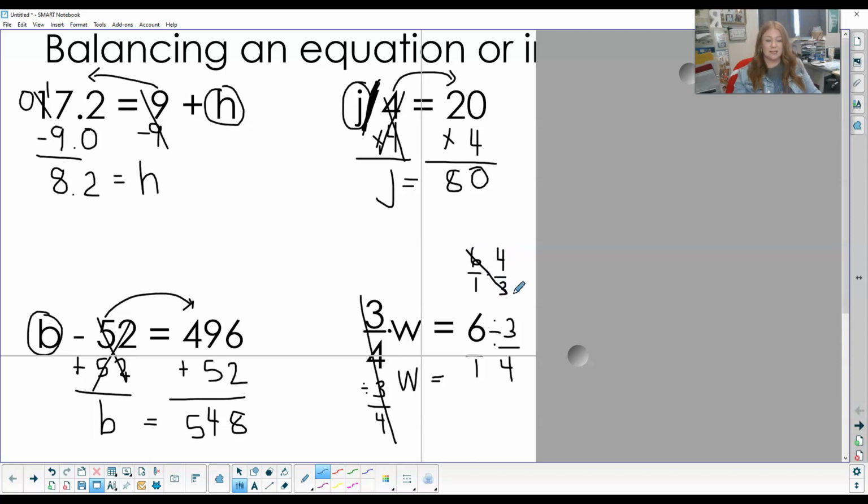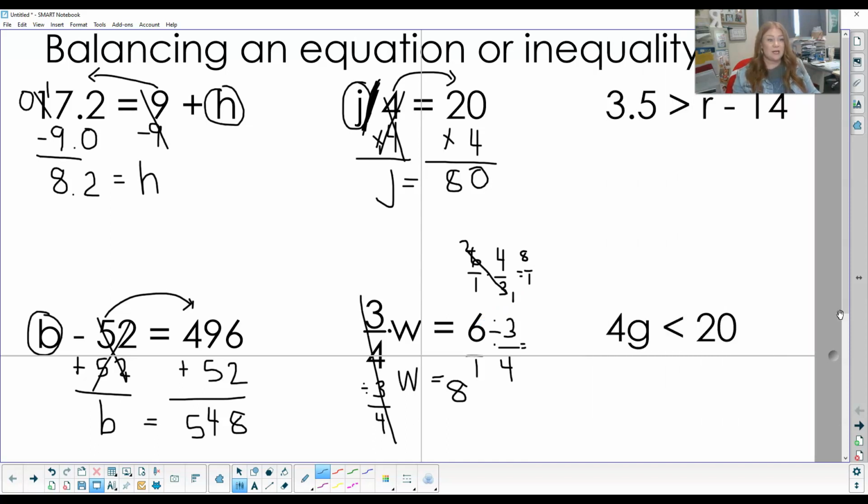So these cancel out, 1 times 1, 2 times. 2 times 4 is 8 over 1. So w is 8. 3/4 of 8 is 6, right? 75% of 8, if I cut it into 4 pieces, 3 of those pieces would be 6.